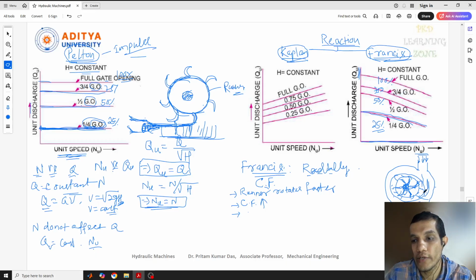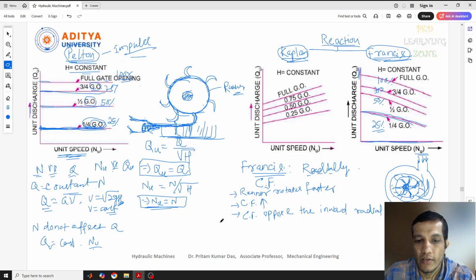Inward means from outside it's going inside. So when the centrifugal force is developed here, this centrifugal force opposes the inward radial flow of water.